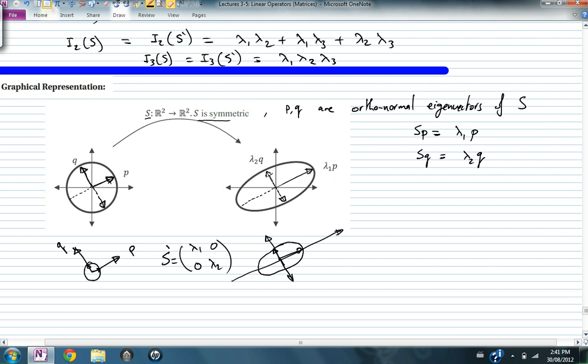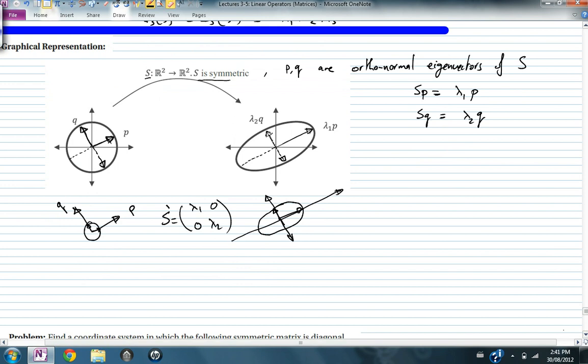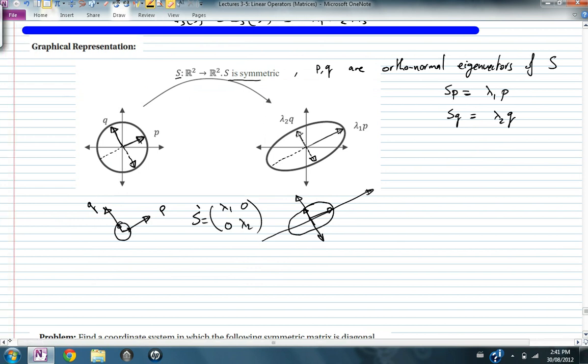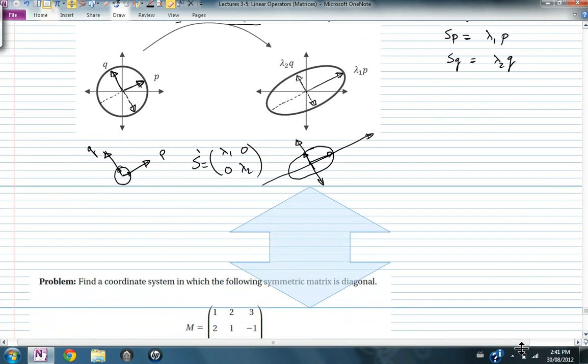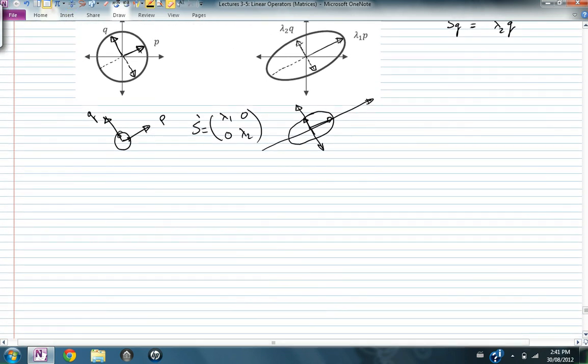So let's give you a counterexample so that you understand that this is not true for any matrix. This is true only for symmetric matrices. So let's find a matrix that does not do that. And that's a very simple example.